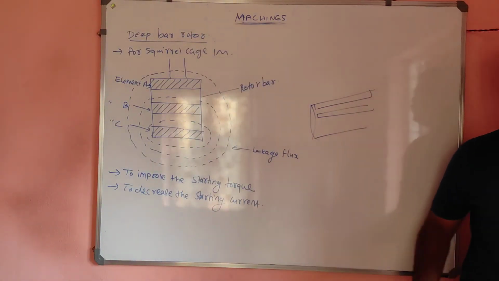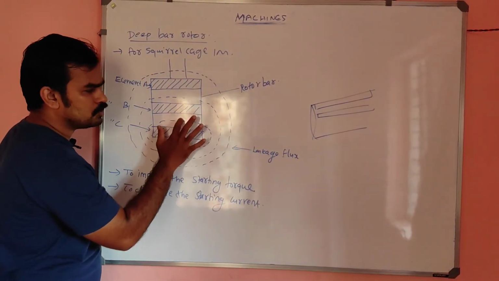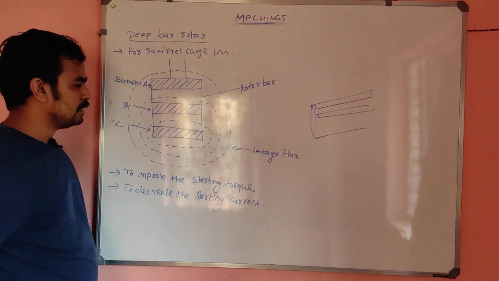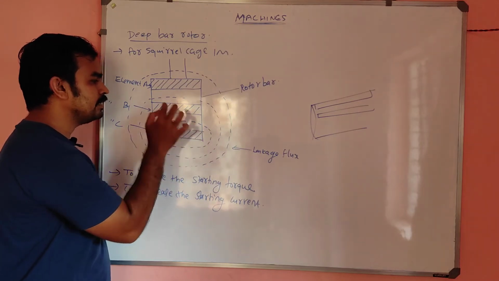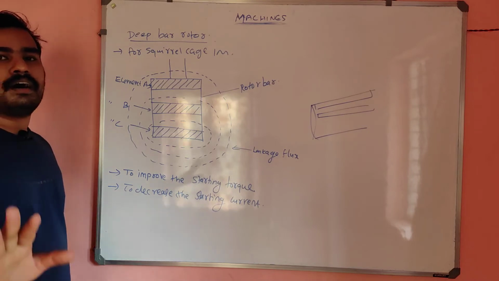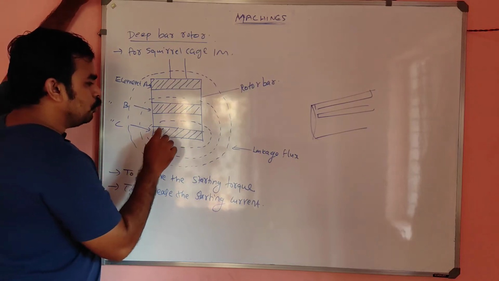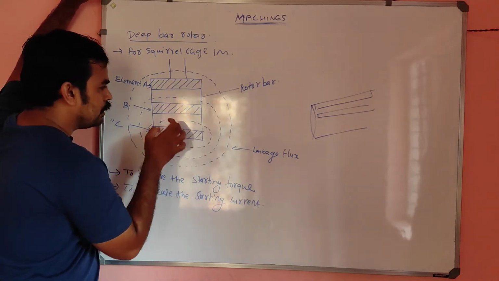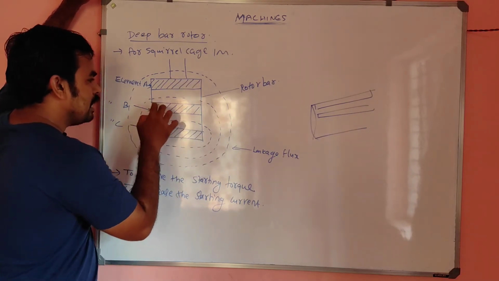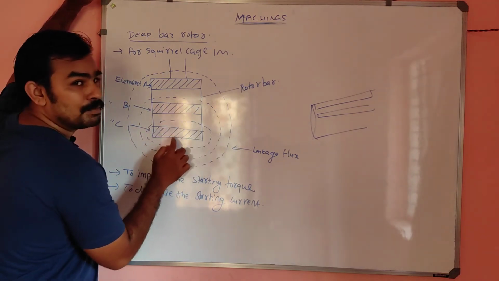There will be a flow of current in the rotor. This is a conductor, this is insulator, again this is conductor, this is insulator, and this is conductor. So these 3 are conductors, and there will be current flow in each of them because they are all short circuited, with eddy currents due to Faraday's laws. Due to this current there is a flux around it, and it will link the bottom conductor also.